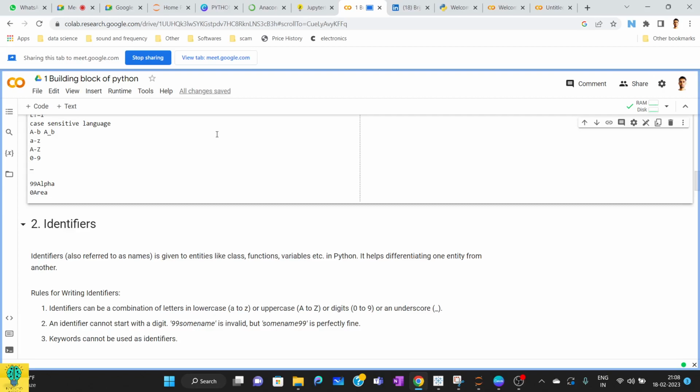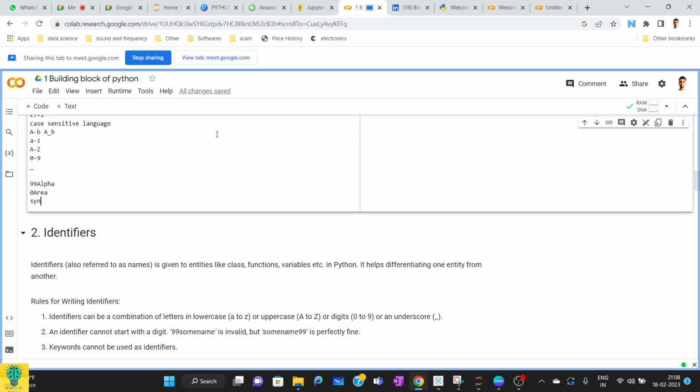Syntax, what does syntax basically mean? General writing rule. Syntax refers to the general writing rule. In English, what are we taught? We have to write between three lines. The capital letter covers all three lines, the small letter covers the bottom two lines. There are rules while writing English.